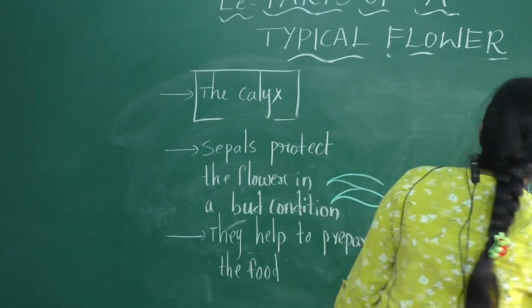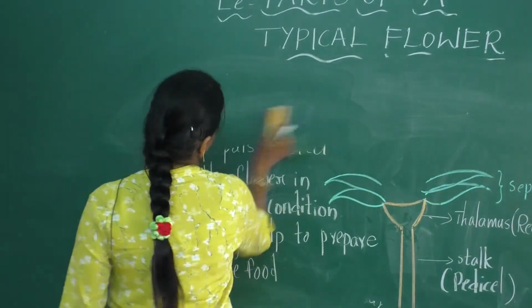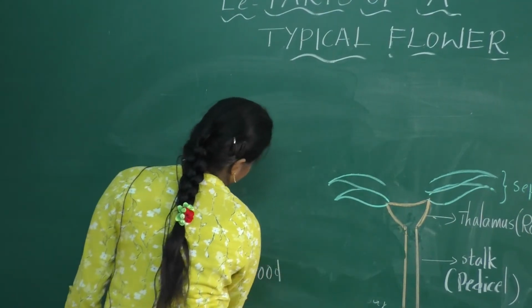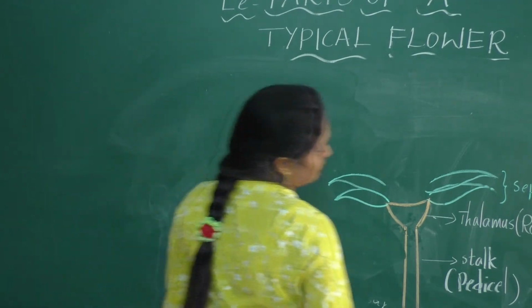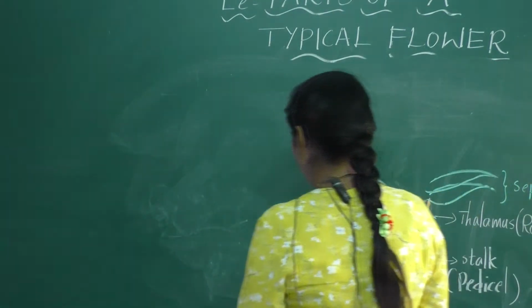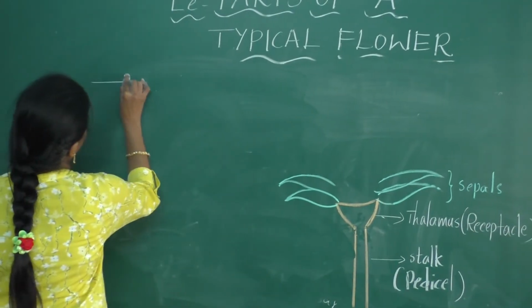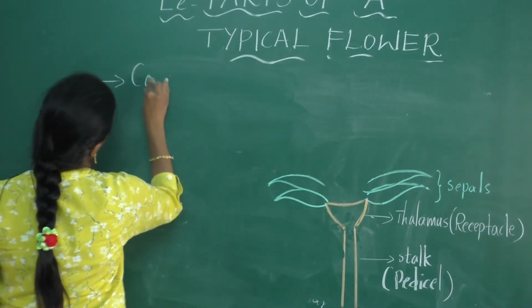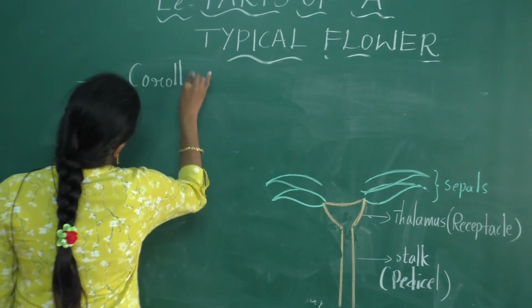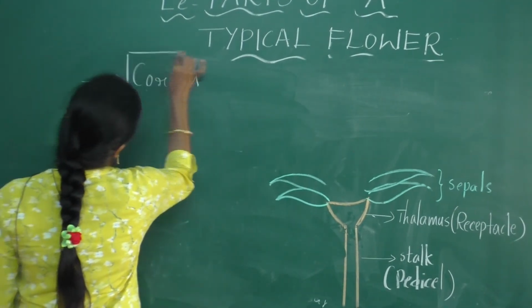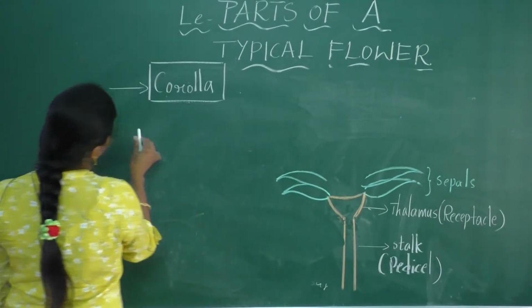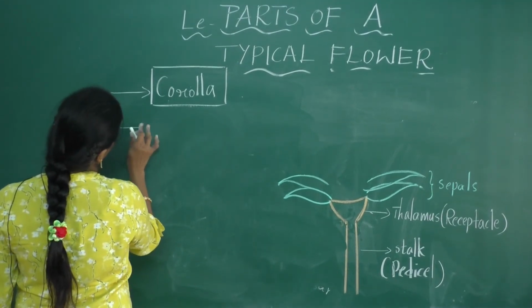What is the next part, children? Corolla. Corolla is the second whorl of the flower.